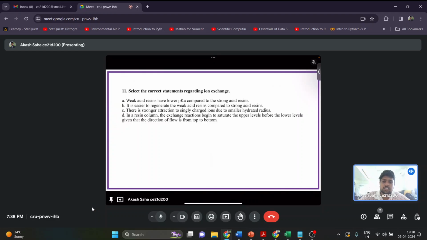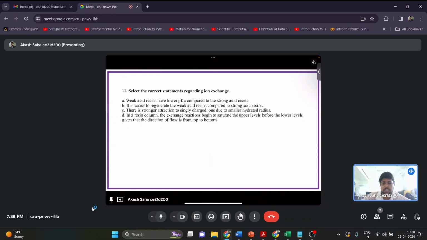It is easier to regenerate weak acid resins compared to strong acid resin. So this statement is correct because the weak acid resins exhibit a much higher affinity to the hydrogen ions than the strong acid resins. So it allows the regeneration of the hydrogen form with significantly less acid required than for the strong acid resin. So definitely option B is correct.